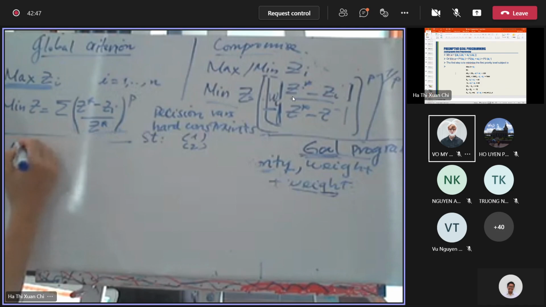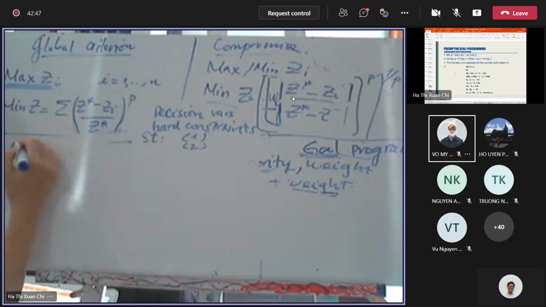So I will tell you, subject to, here we have hard constraints and soft constraints. So a hard constraint is like this: a1 x1 plus a2 x2 greater than or equal to b1.